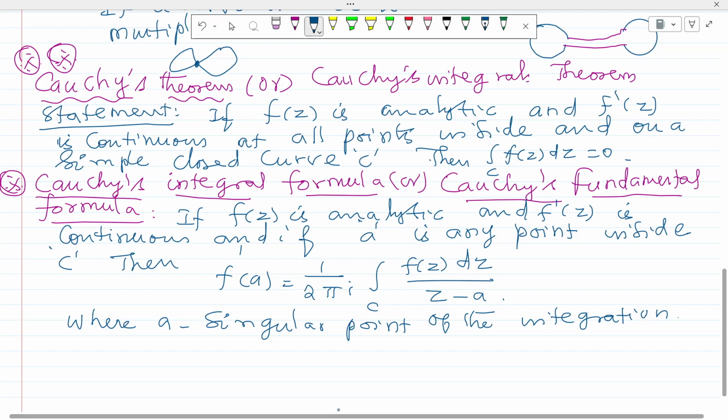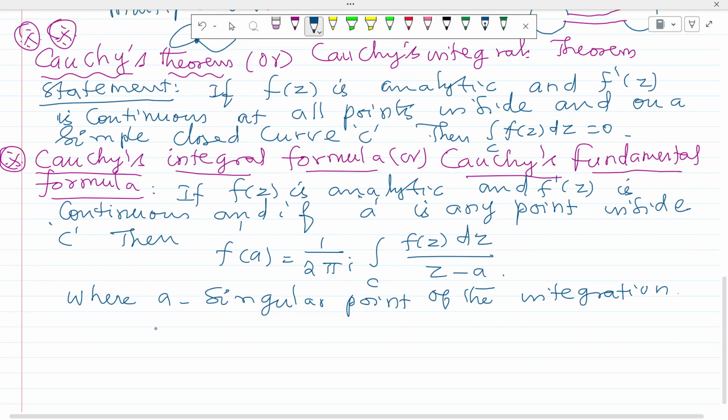Okay, fine. Now listen, here we can see what the formula is. f of a equal to 1 by 2 pi i integral over C f of z dz divided by z minus a, provided a is inside the circle.